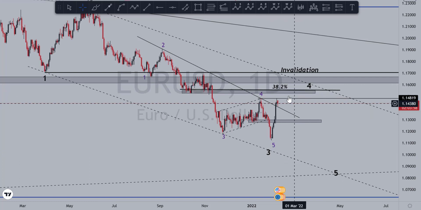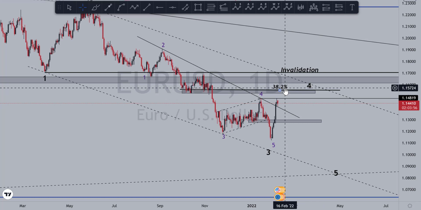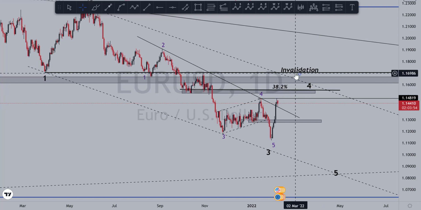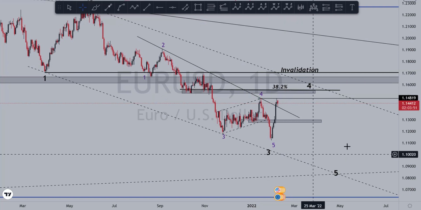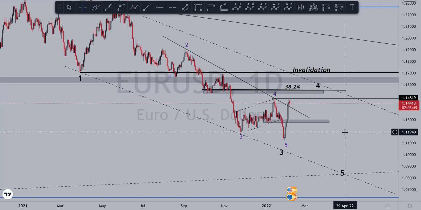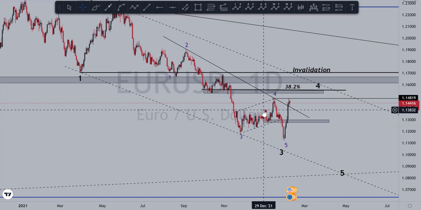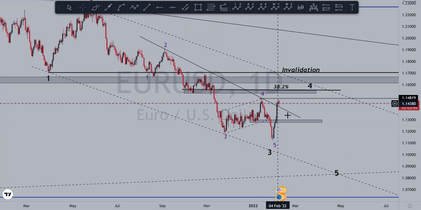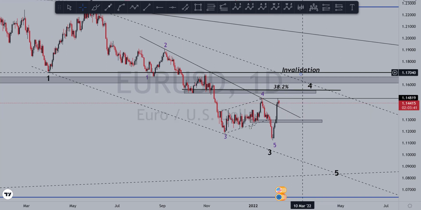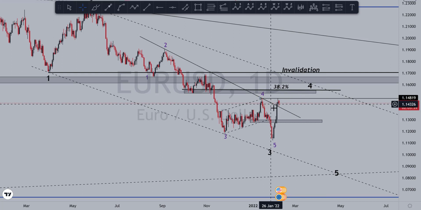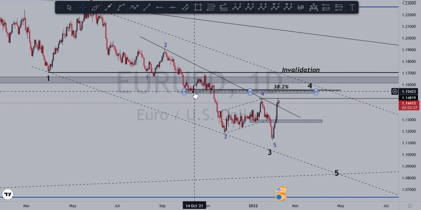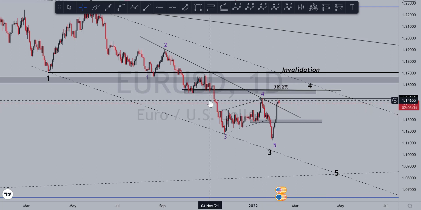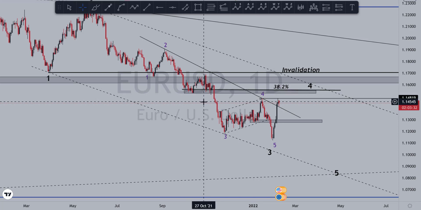So I'm expecting this to go as far as this point here, up to this invalidation. Anything above then will be a major buy for this particular pair. So for this week, I'm just expecting them to correct a little bit before we can continue. This is the direct opposite of what we are expecting on that DXY that we have just analyzed.